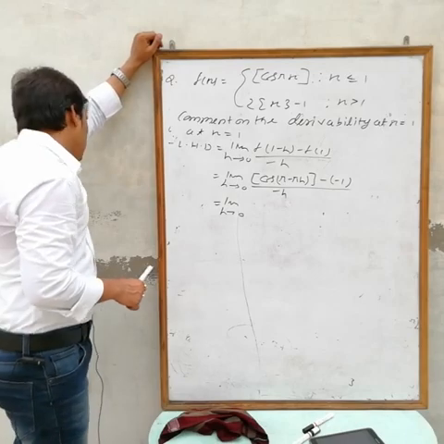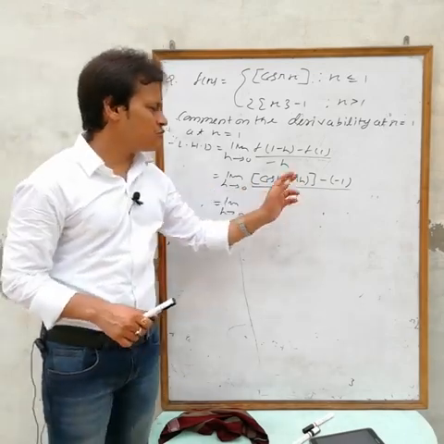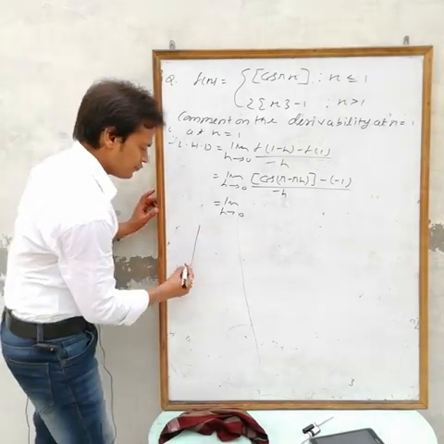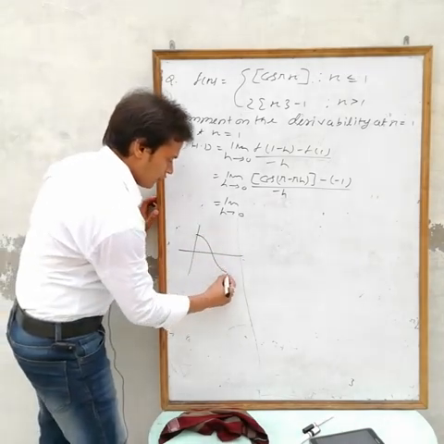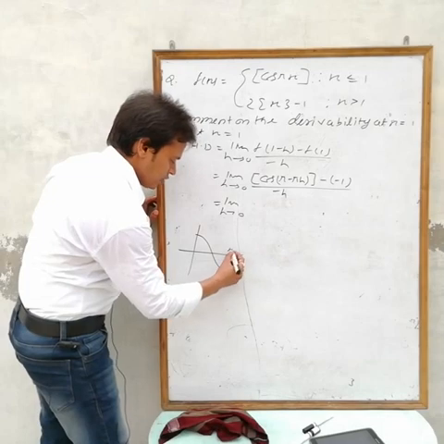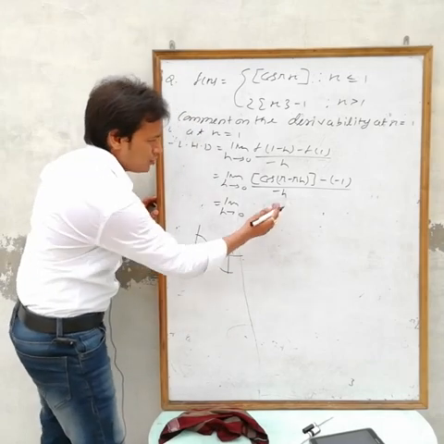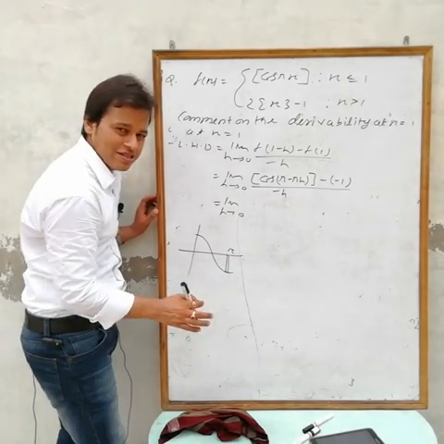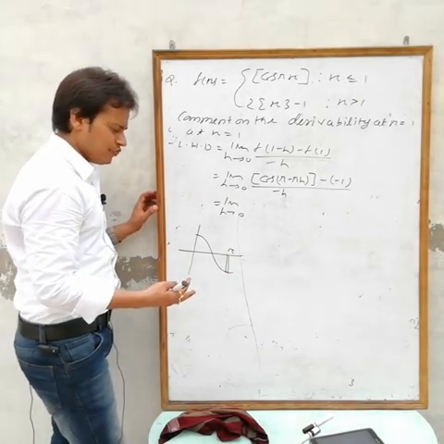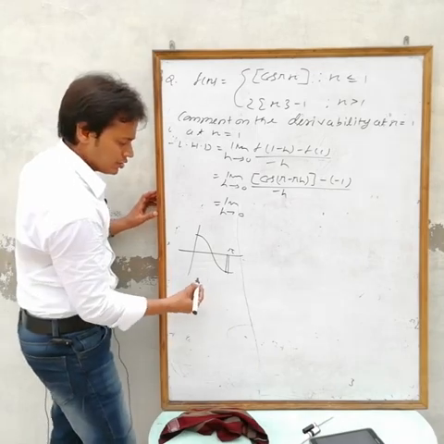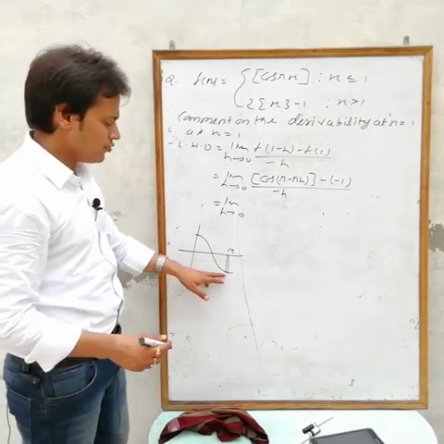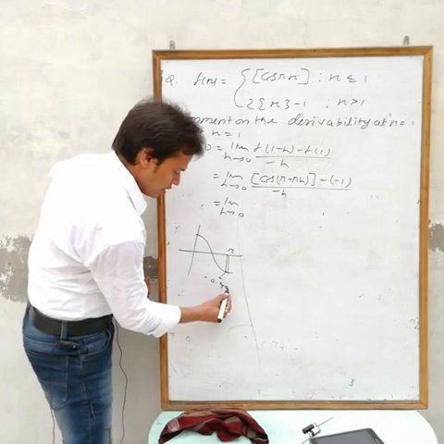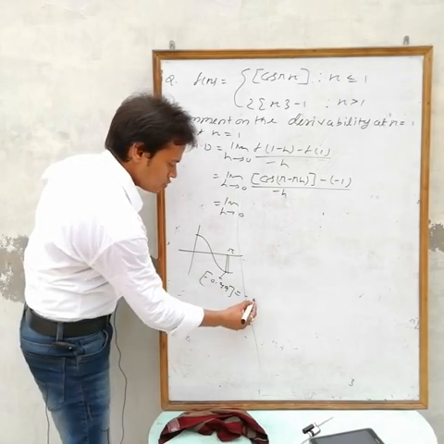Now see, cos of pi minus pi h, so this angle is just less than pi. Now see the graph of cos, this is pi, cos pi equals minus 1, this angle is pi minus pi h. Sorry, this is greater than minus 1, just greater than minus 1. Then the greatest integer of this one, suppose this is minus 0.99, then the greatest integer is minus 1.